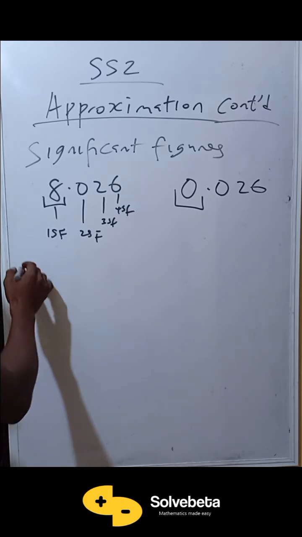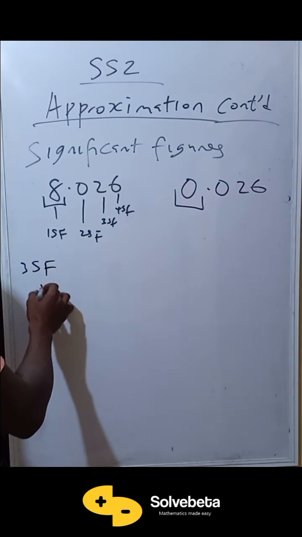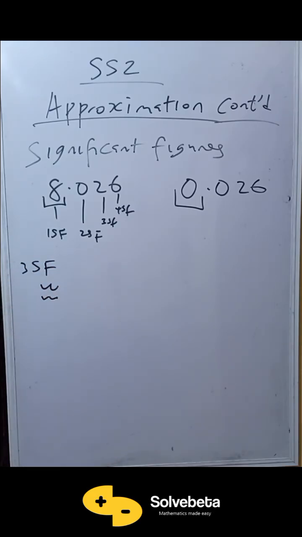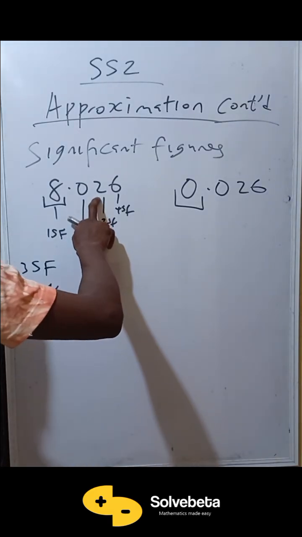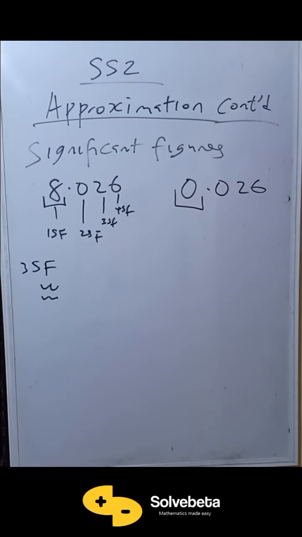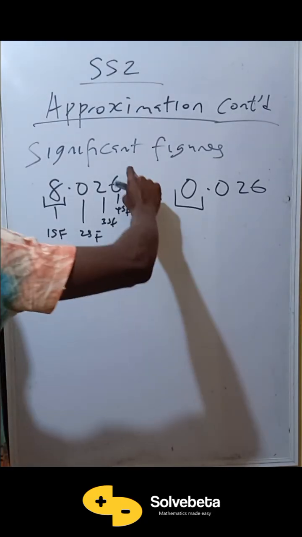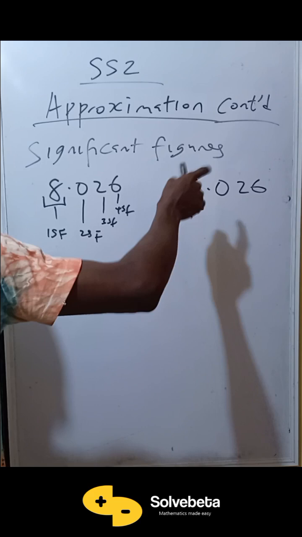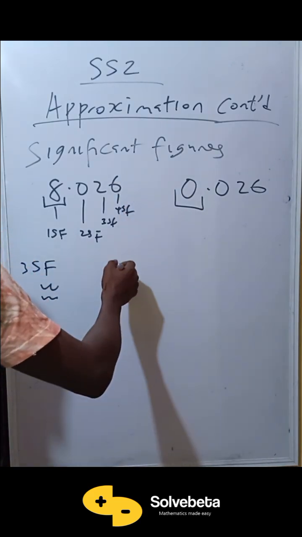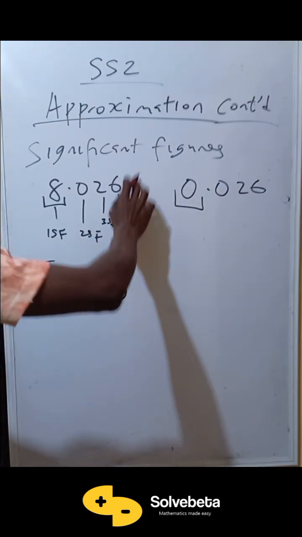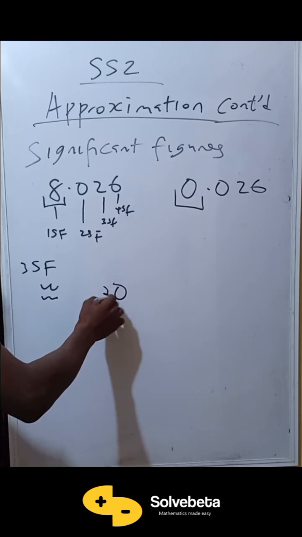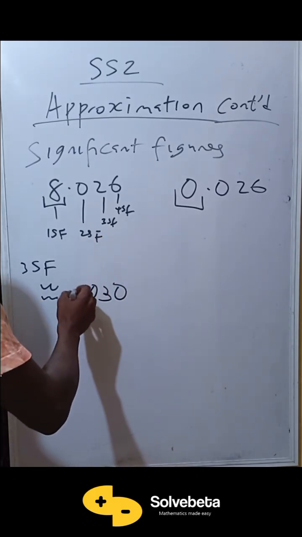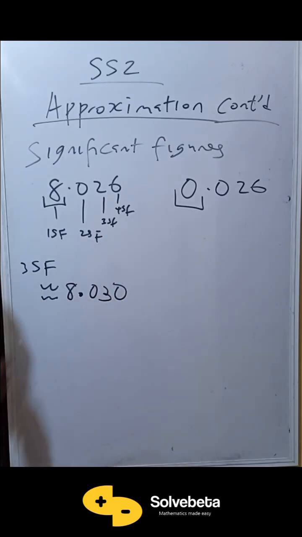So to round this to 3 significant figures, it will be approximately equal to, don't forget this symbol. You go to the third significant figure, which is 2. Now, you will not use the third significant figure, you go to the next number after it, which is 6. Do you round up or round down 6? You round up 6. So 6 itself will be 0. Then because it's rounded up, you add 1 to the 2, and it will be 3. You have 8.013 when you read the number backwards.